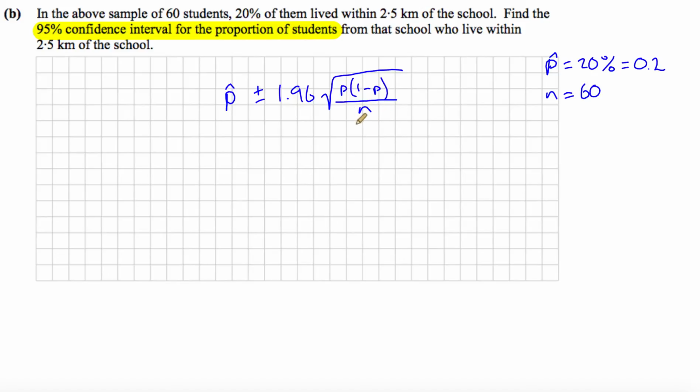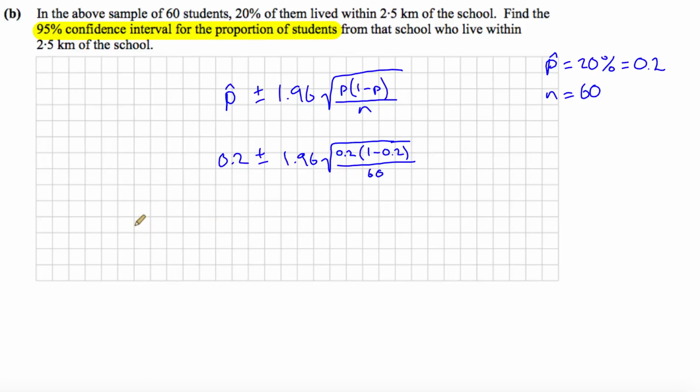So we're going to put some of these values in here. And we see that we get 0.2 plus or minus 1.96 multiplied by the square root of, now the population proportion we don't have, so we can use the sample proportion as an estimate. We're allowed to do that. So that's 0.2 times (1 minus 0.2), in brackets, and then that's all going to be over the sample size, which is 60.